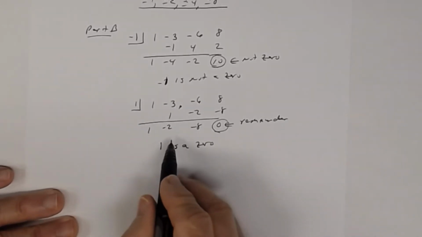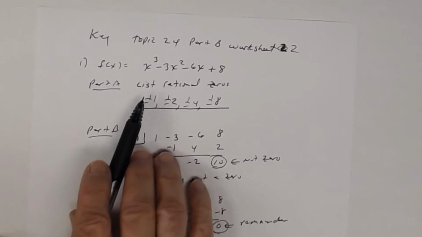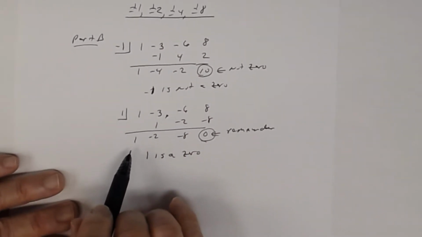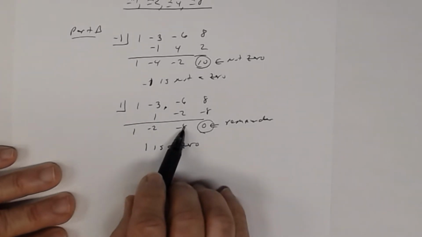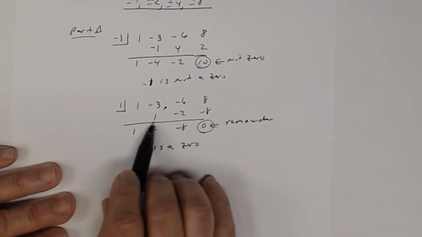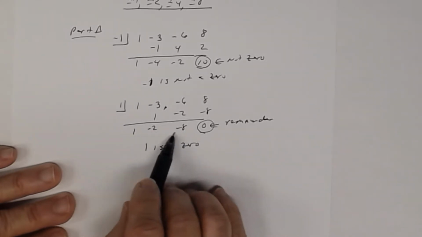Now we're going to find the other zeros. Remember, this was cubic. When you do synthetic division, these are the coefficients of the quotient. This is my depressed polynomial; some textbooks use that word.